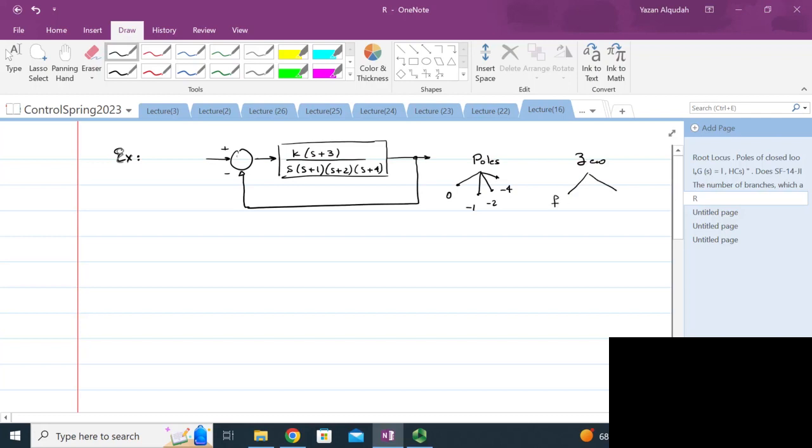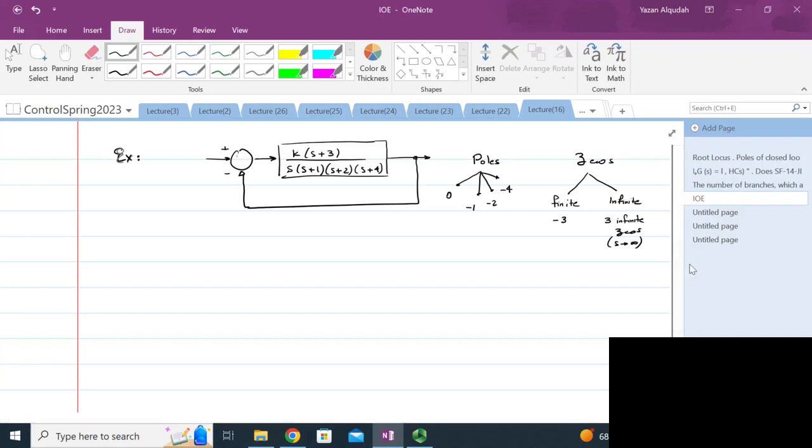Now I have to be careful. I'm going to say how many finite zeros I have on the system. 1 at -3. How many infinite zeros do I have? 3. Which means when s goes to infinity, when s is very, very large, it's going to give me 3 zeros. Together? Okay.